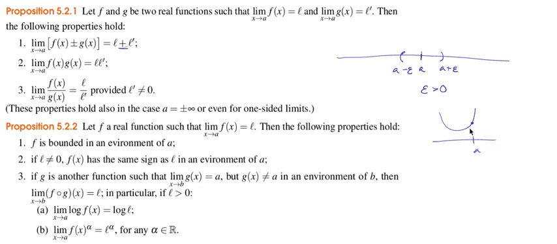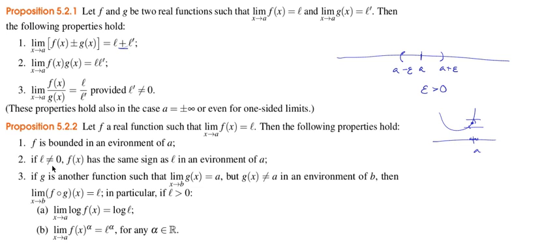Now around a, the function is bounded above and below. It doesn't diverge. No matter how small you need it, you can always find an interval around a in which the function is bounded. So this is the environment around a, that's the idea.